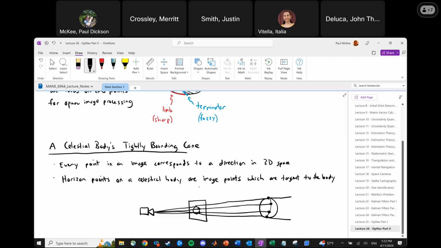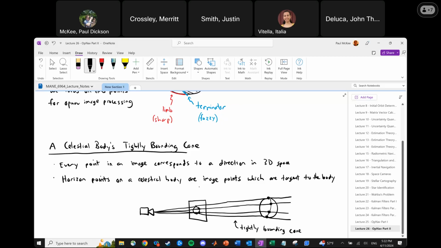What we've defined here is a tightly bounding cone. It is a cone with a vertex at the observer's location. And when you slice that cone, you're going to get a conic section, right? That's what a conic section means.